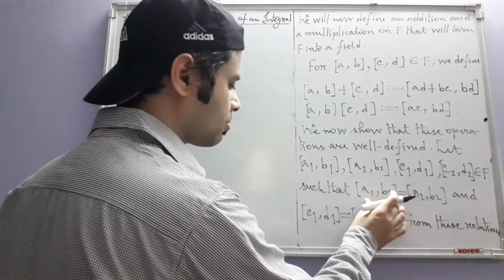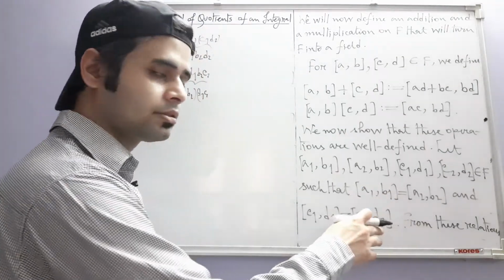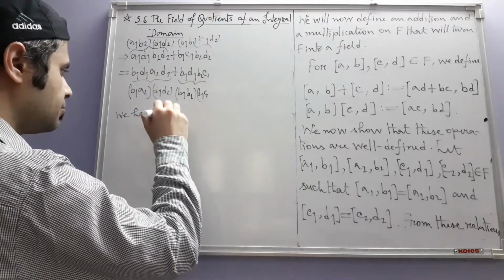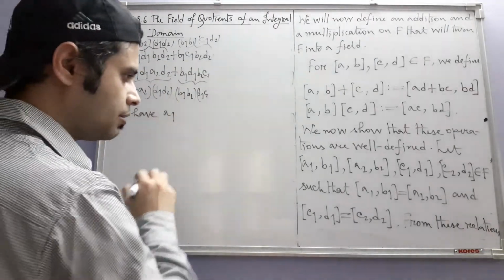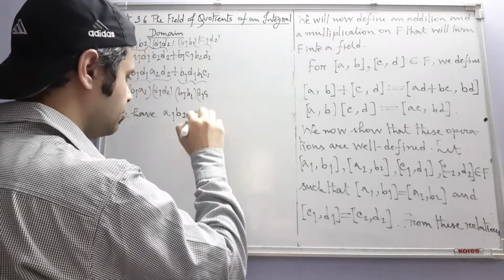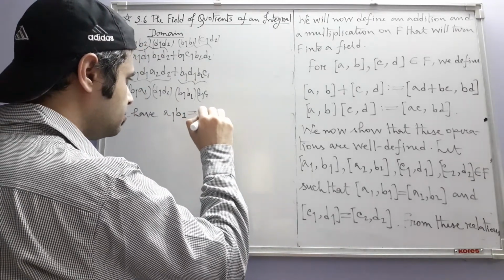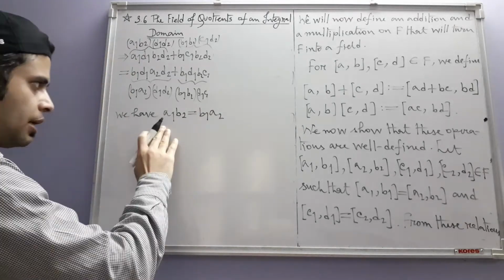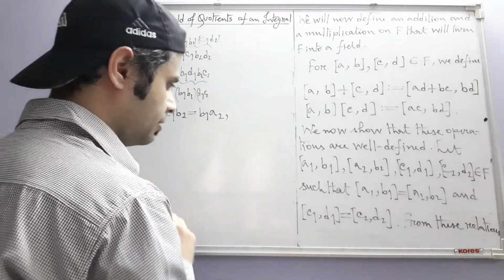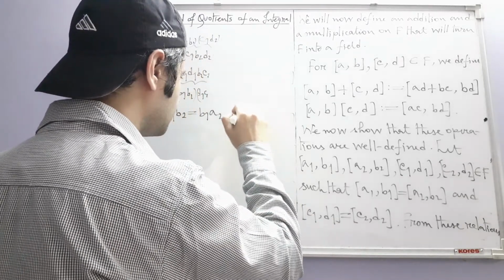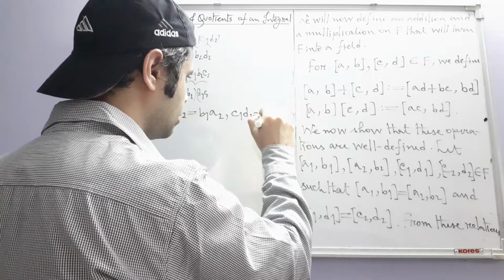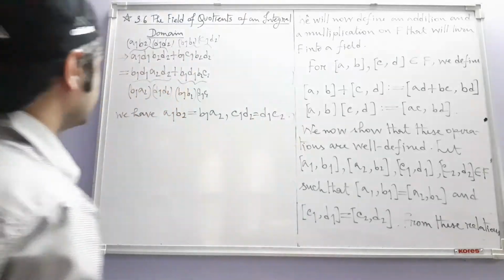Instead of writing that the ordered pair (a1, b1) is related to (a2, b2), we can straight away write a1 b2 is equal to b1 a2. It's understood how this is reached, and c1 d2 is equal to d1 c2.